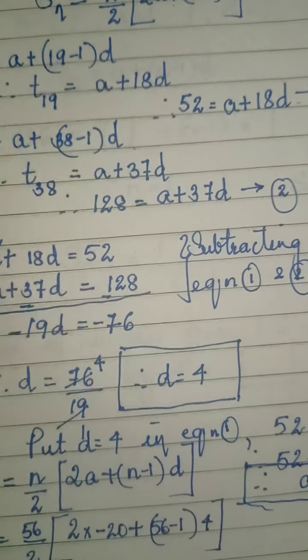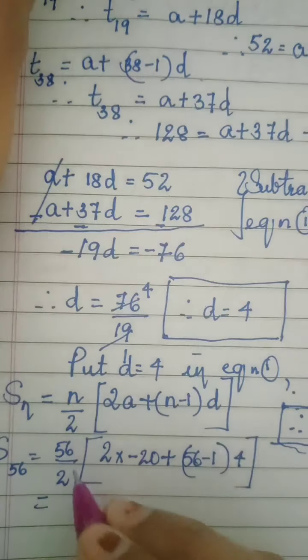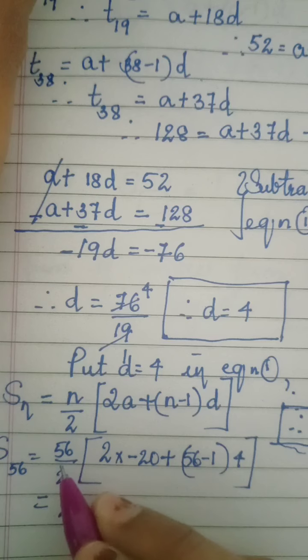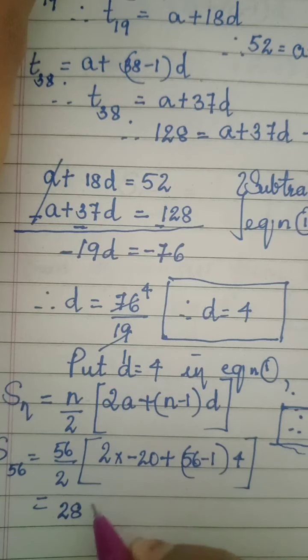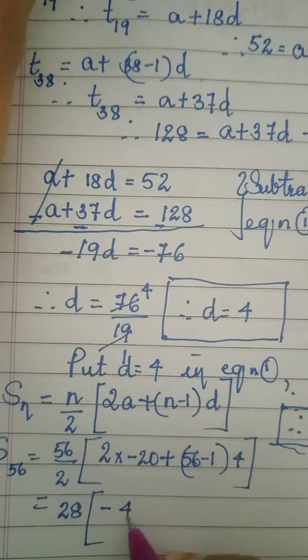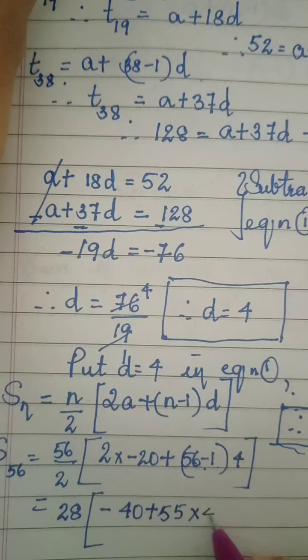Close the bracket. Remaining, 56 upon 2 will give me 28. So 28 bracket start, this will be minus 40 plus 56 minus 1 is 55 into 4.